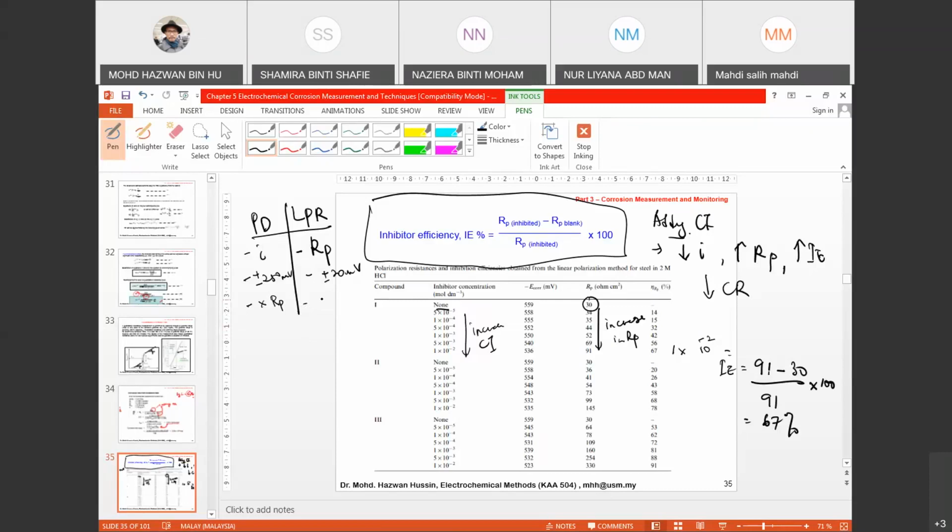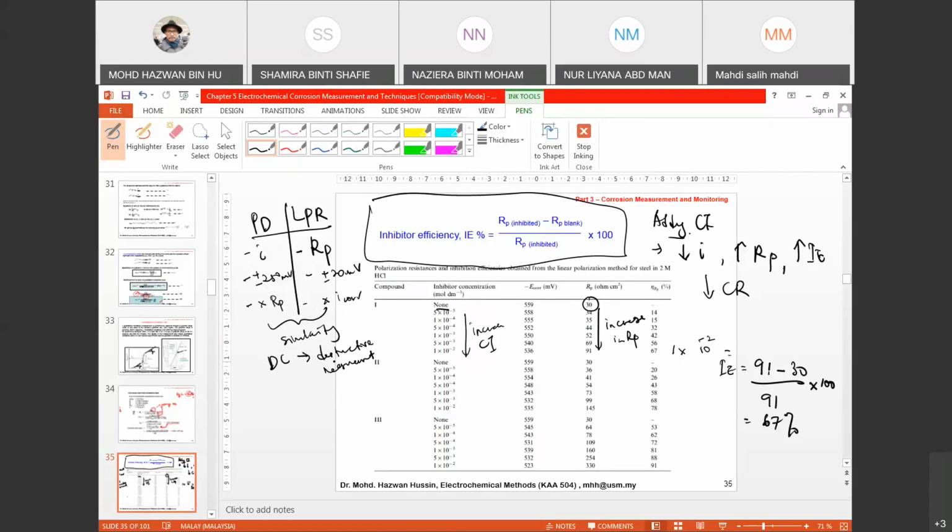Meanwhile, for LPR, you cannot get I core directly. You have to calculate from a formula, then only you will get it. The clear similarity is that both processes are DC processes, direct current, which means the process is destructive. Destructive measurement.